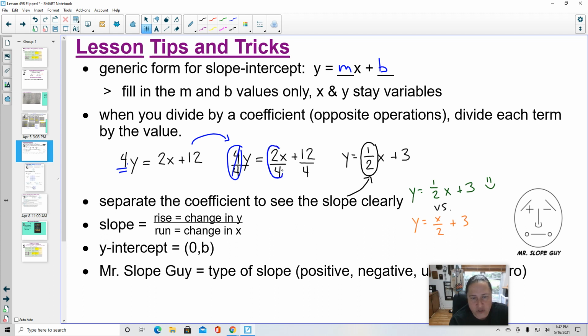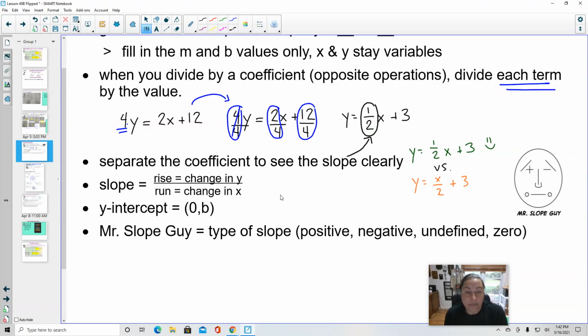I'm going to divide the 2x by 4, and I'm going to divide the constant 12 by 4. That will give me 1/2 x plus 3 when I solve, but every single term has to be divided by that coefficient. And then separate the coefficients so that you can see the slope clearly.